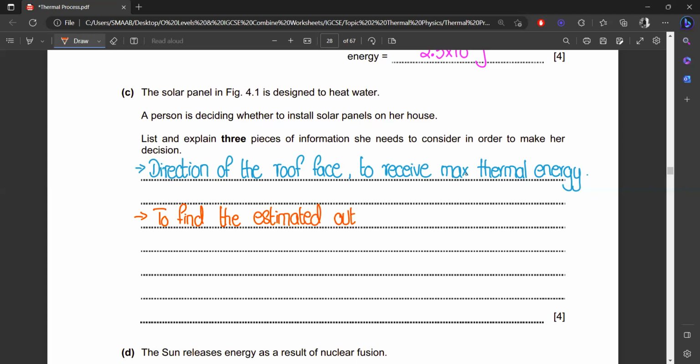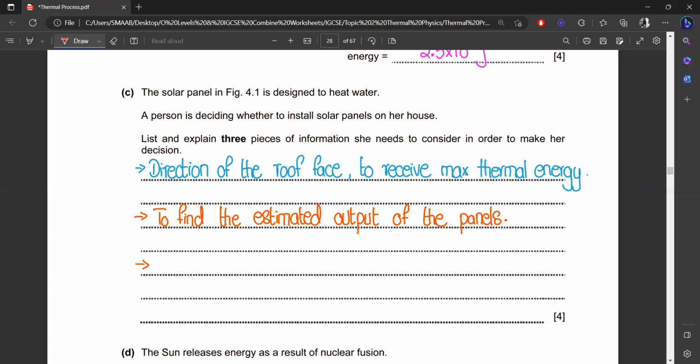You need to answer with normal daily life concepts related to the solar panel condition. So we need to find out the total estimated output of the panels, and how many panels will help us reach our required or desired output voltage.